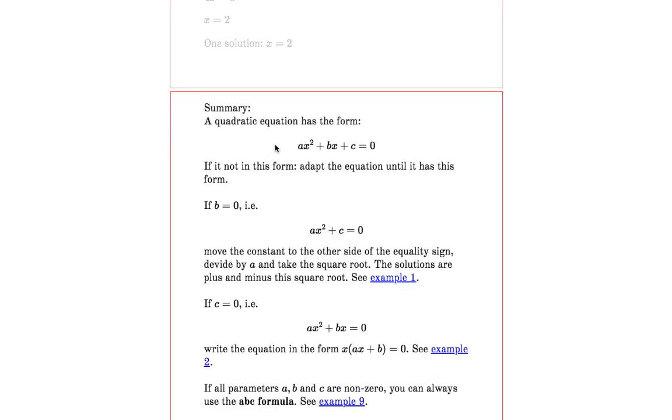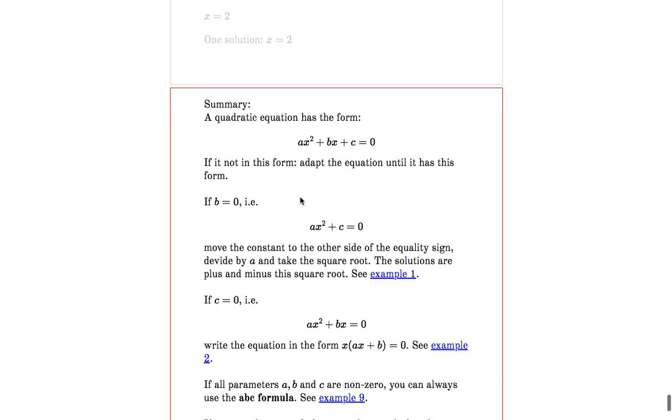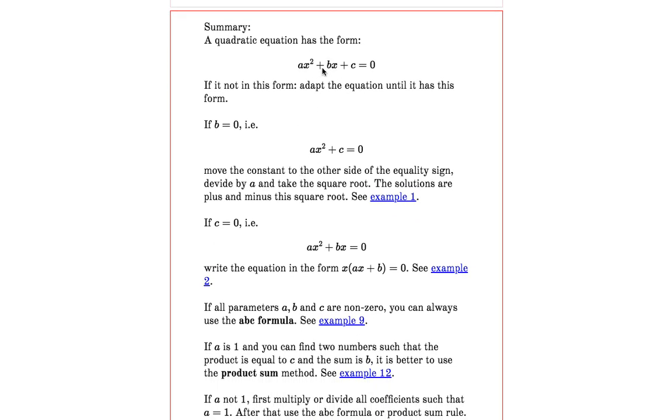Let's do a short summary. A quadratic equation of this form. We first adapt the equation until it has this form. If this linear term is 0, you just move this c to the other side and divide by a and take the square root, a negative and positive square root.